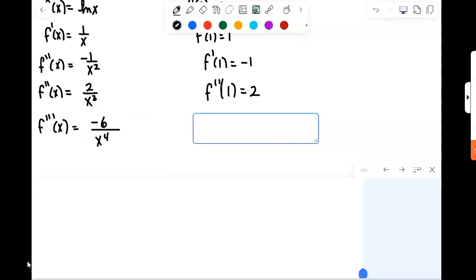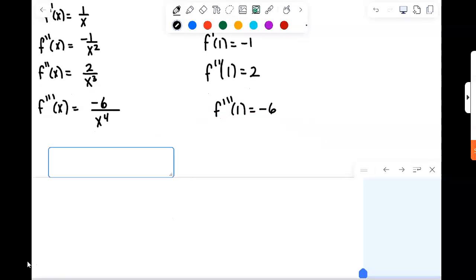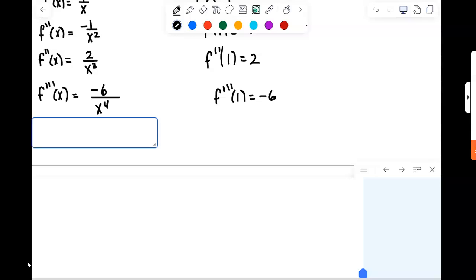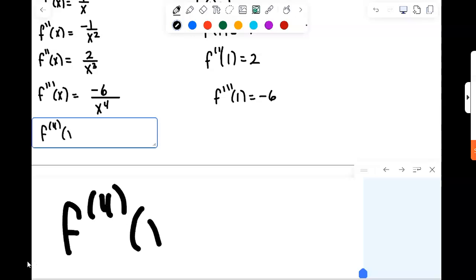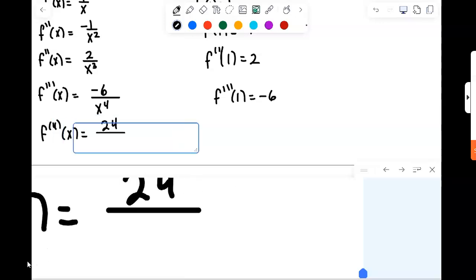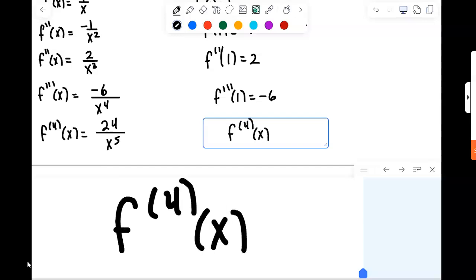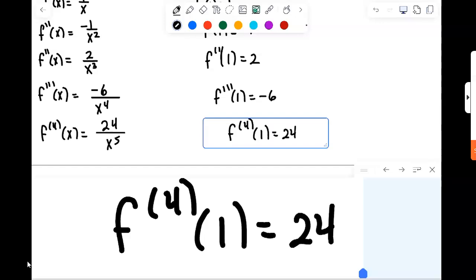And evaluating that at 1, of course, would give us a minus 6. Okay, and we keep going. Fourth derivative, we would end up multiplying by the minus 4, which would get us to 24. And the exponent would now become 5. So fourth derivative, evaluated at 1, would just be a positive 24.